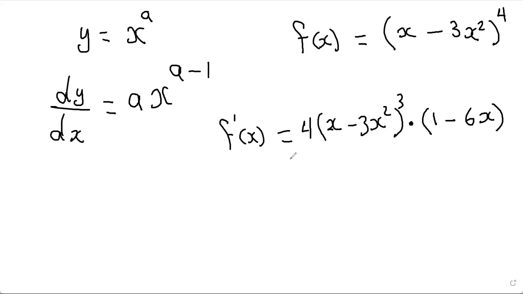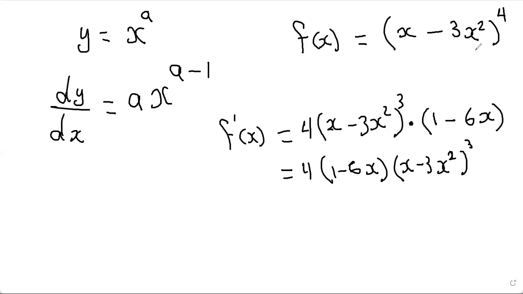So you can write this as 1 minus 6x, times the bracket x minus 3x squared to the power of 3. That's called the chain rule, which means you bring that exponent down outside the brackets, take away 1, but then you have to go in here and take the derivative of what's inside, which gives you 1 minus 6x.